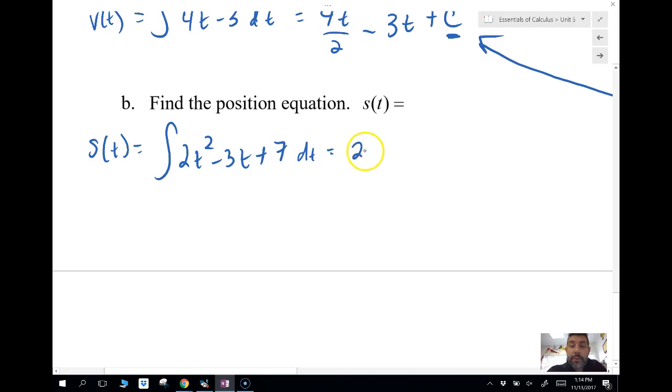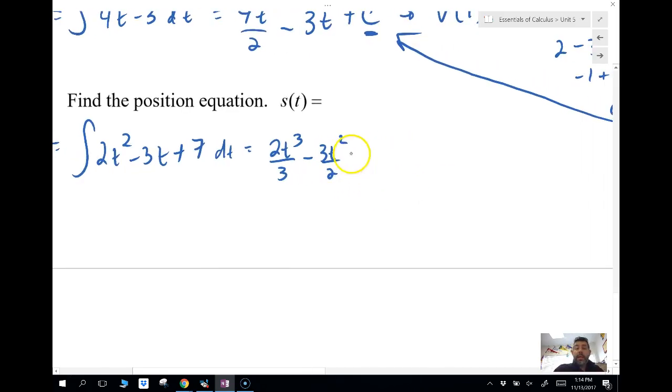And I'm going to have 2t cubed over 3 minus 3t squared over 2. Remember, I add 1 to the exponent and then divide by that number. Plus 7t plus, and I'm going to call this c2 because I already used c on the top, so I need to use something else down here.